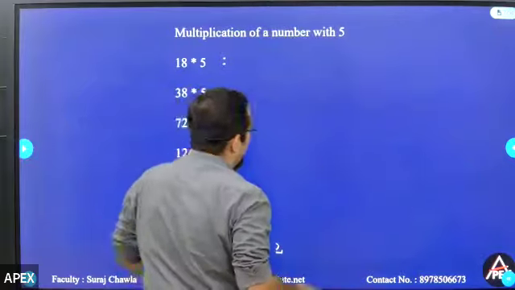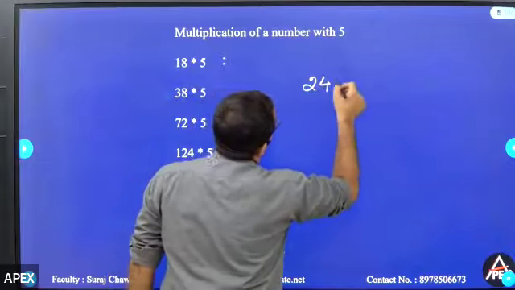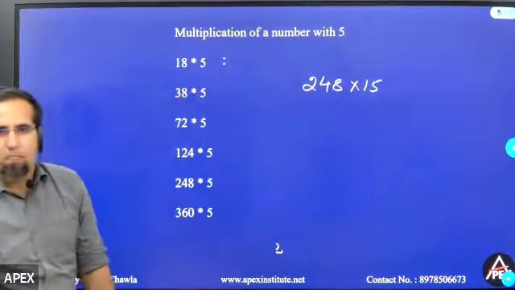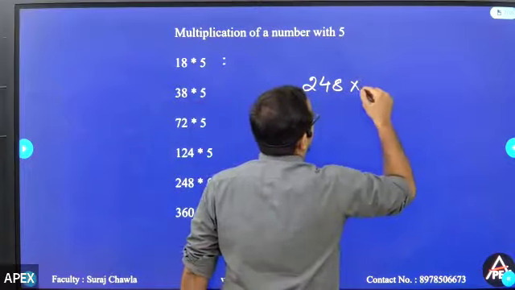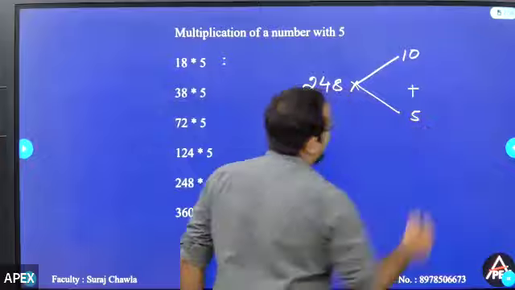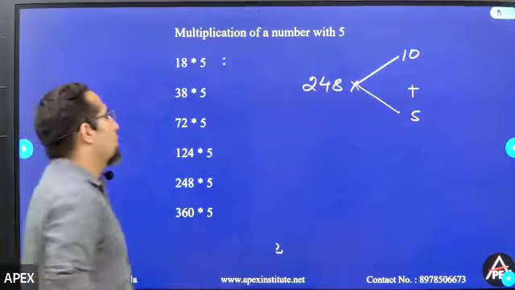So suppose I'm looking at 248 into 15. Right? Now, 15 can be broken as into 10 and into 5. And we add these two. Clear? So what do we have here?